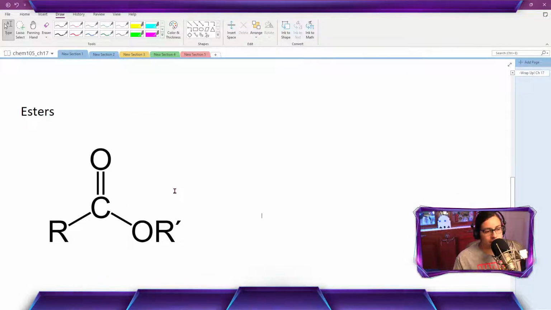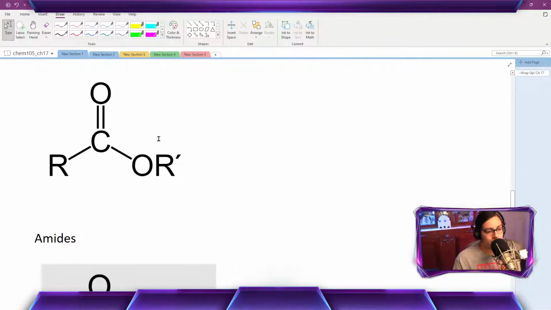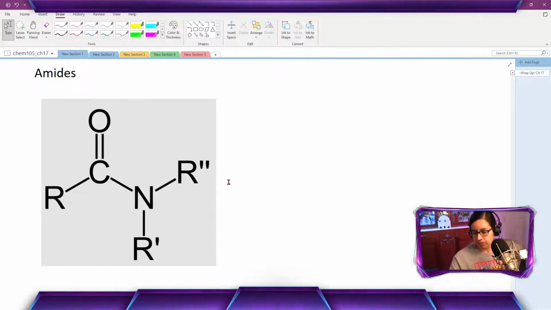So this is an ester. An ester is similar to a carboxylic acid, but instead of having a terminal hydrogen, it has another group here. Then amides are also related, so they can have similar reactivity.